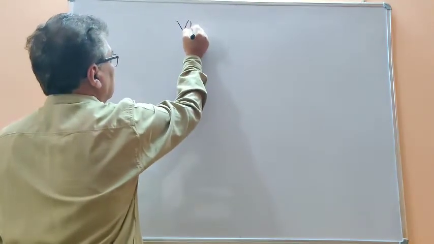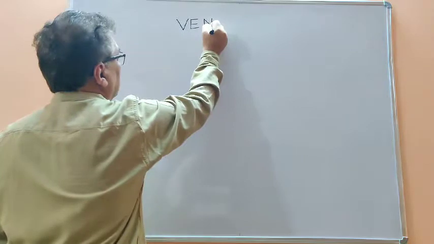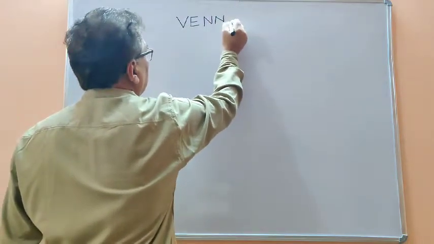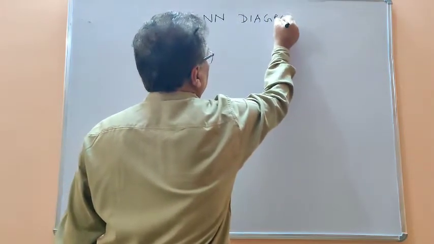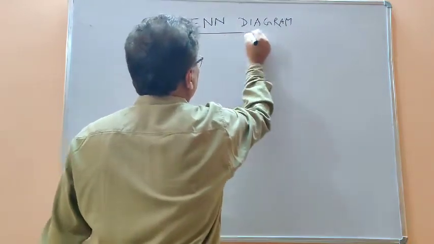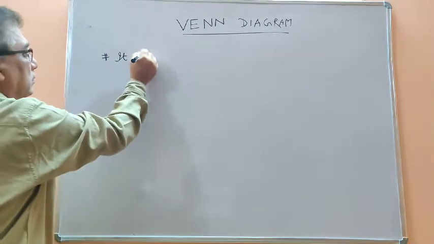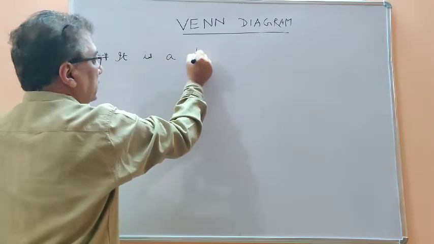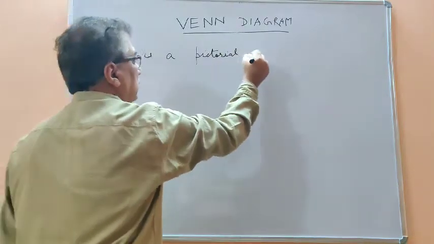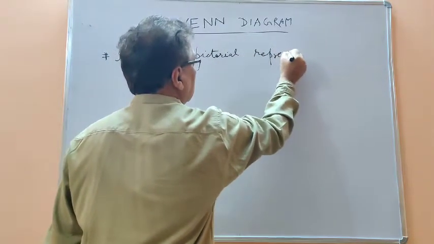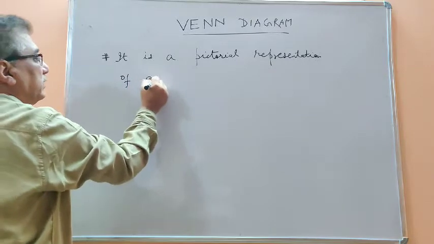First is Venn diagram. It is a pictorial representation of a set.